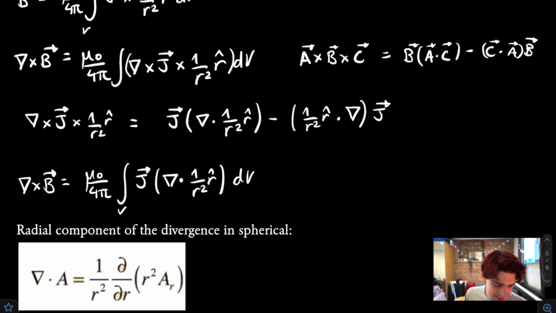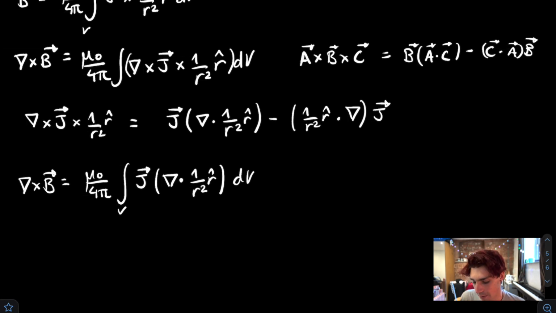Now, this actually isn't technically true, because whilst it is 0 at all points in space, it's not 0 at the one point we're actually considering, which is of course the origin of our coordinate system.